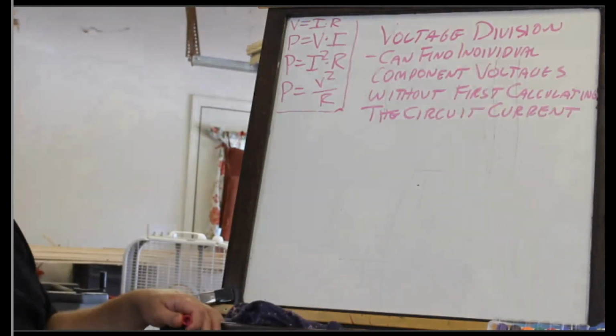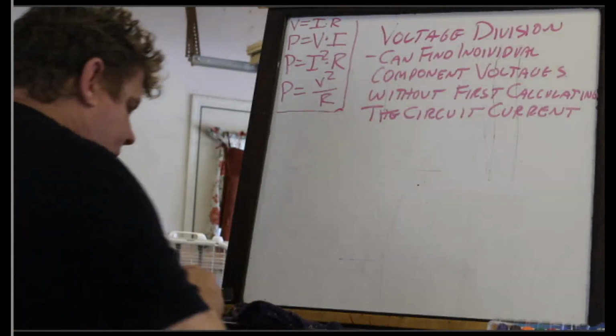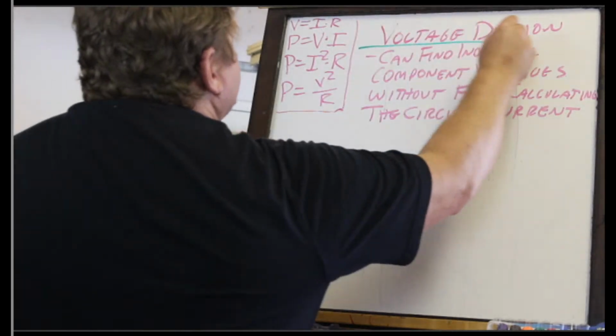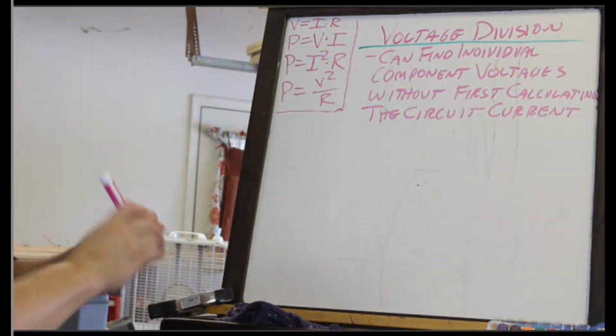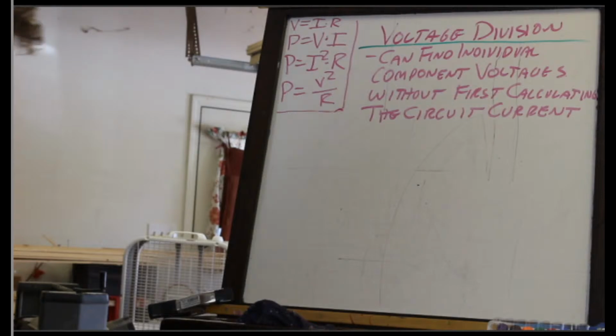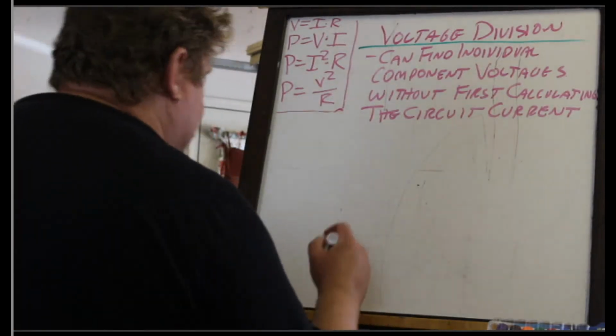Okay? So again, if I want to separate the definition from the title up here: voltage division, you can find individual component voltages without first calculating the circuit current. It's based on a ratio of the individual resistance to the total resistance. And the generic formula we use looks like this.